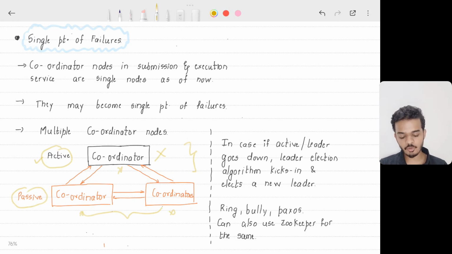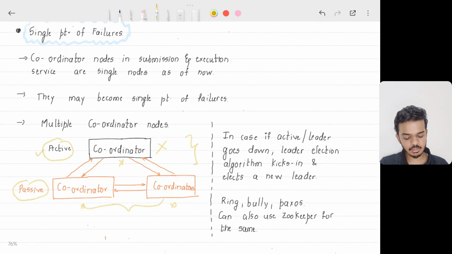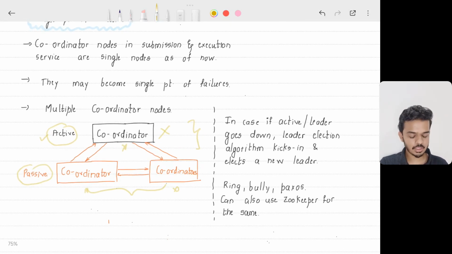So there is no problem of how a passive coordinator node that has just become leader would resume its activities. The data is present on different nodes and different servers, so it can still read from it, the data is still intact. Okay?